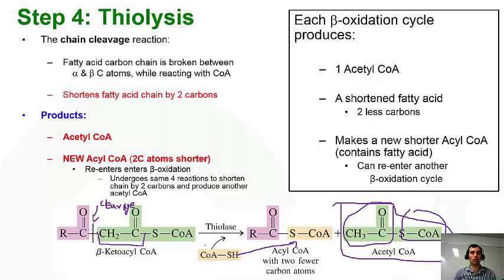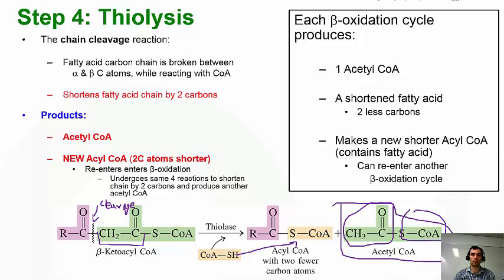So basically we went through this whole process to create acetyl-CoA, and by doing this we were actually able to take two carbons off the acyl-CoA. So this is what we're doing in beta oxidation. We're shortening our acyl chain by two carbons every time we do our beta oxidation cycle, and by doing this we're actually able to produce an acetyl-CoA.